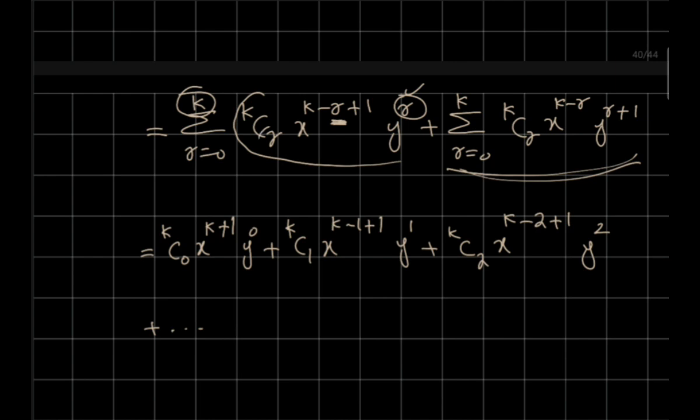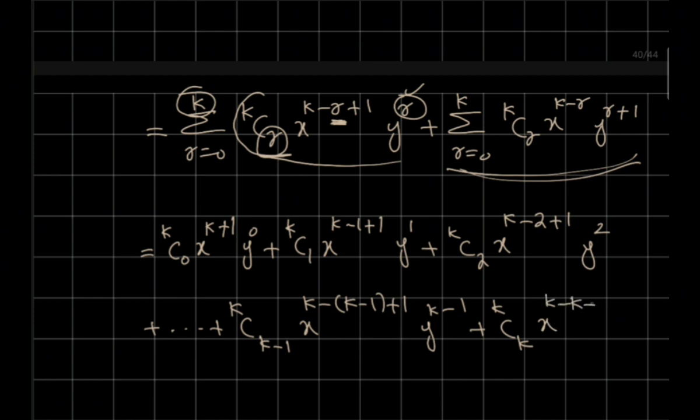Now put r is equal to k minus 1, you will get kC(k minus 1) x to the k minus 1 plus 1, y to the k minus 1, and now put r is equal to k, you will get kCk x to the k minus k plus 1, y to the k.